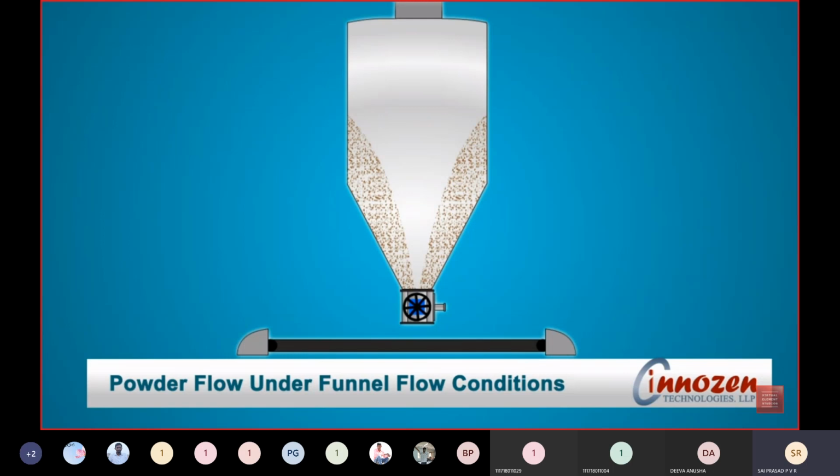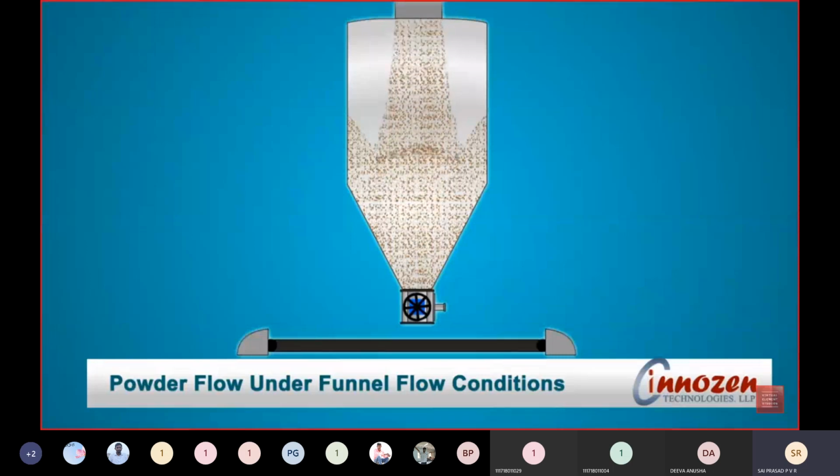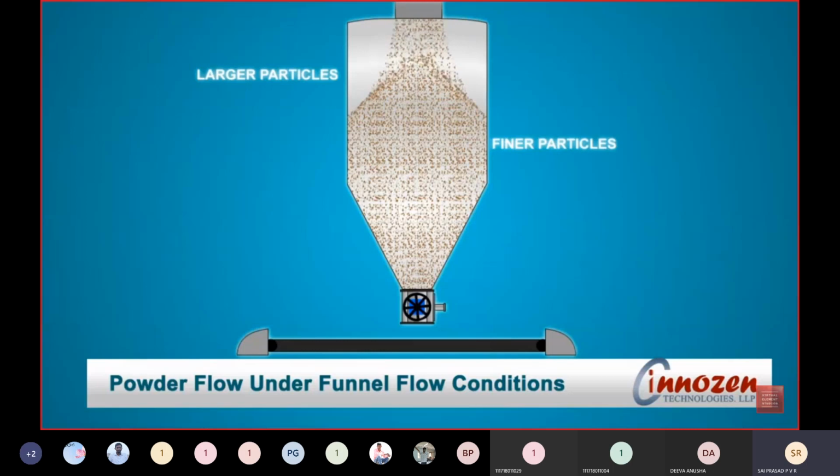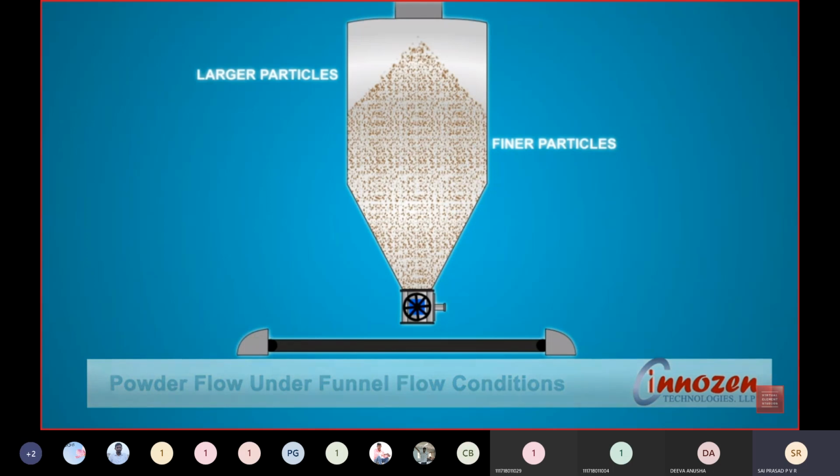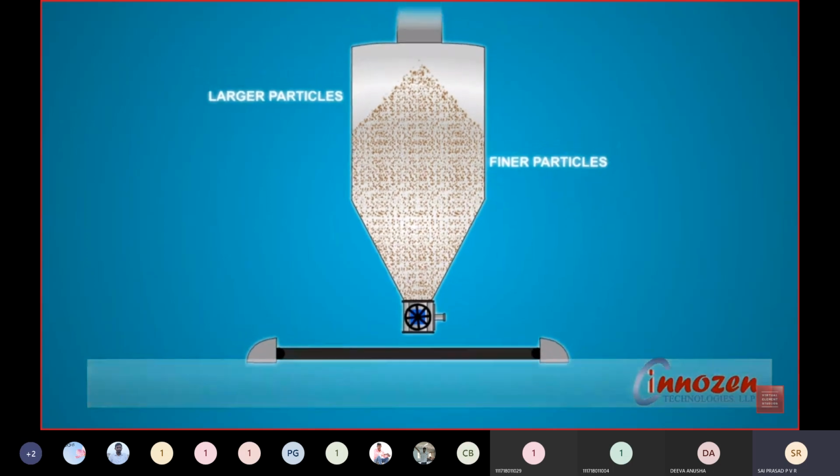Tunnel flow. Two different particles are there in free flowing nature.